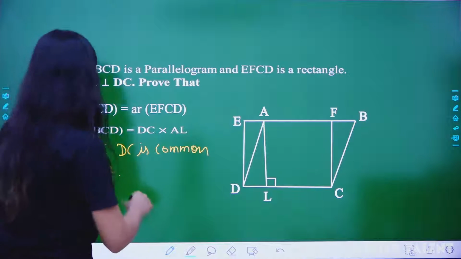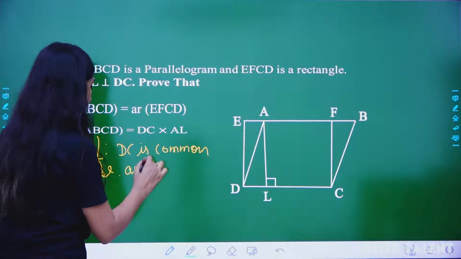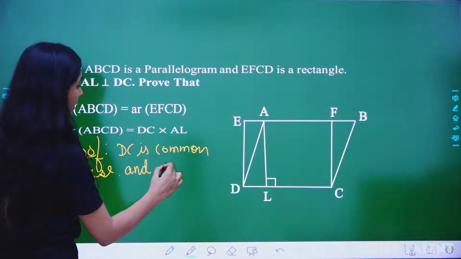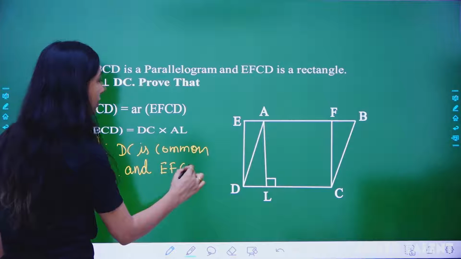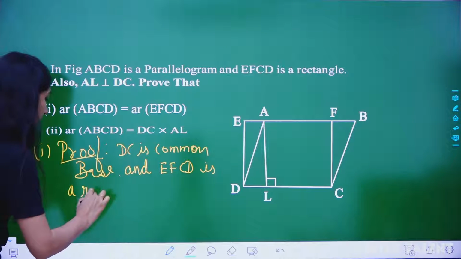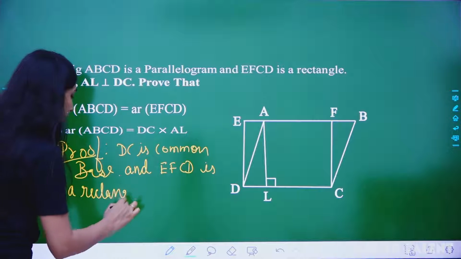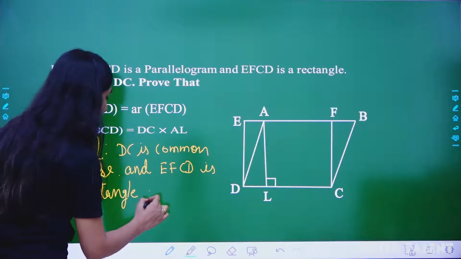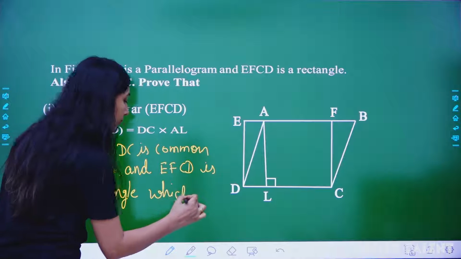And EFCD is a rectangle, which is also a parallelogram.